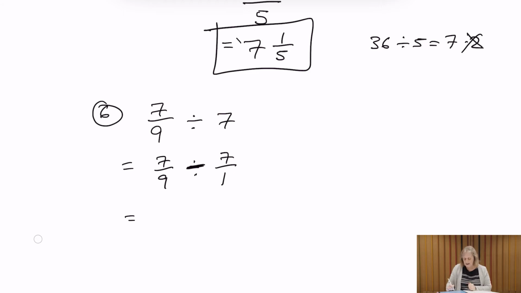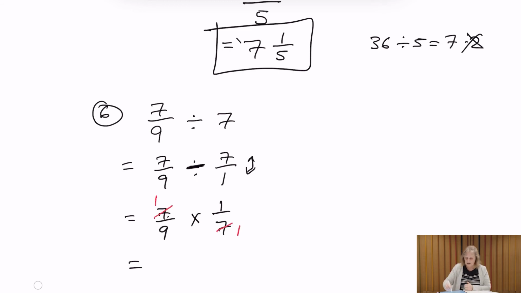So how we do that is we always write the first fraction as it is, 7 over 9, change it to a multiplication, and flip the second fraction only. So 7 over 1 flips around to 1 over 7. Again, we can look diagonally and simplify before we multiply across. We've got a 7 here and a 7 diagonally here. Both are divisible by 7, so we divide them by 7, and that gives us 1 here.